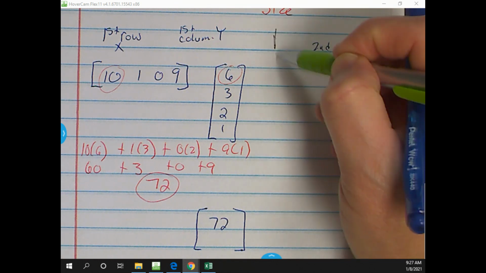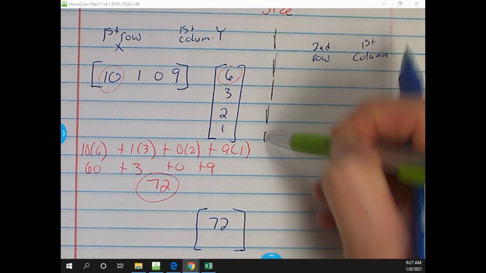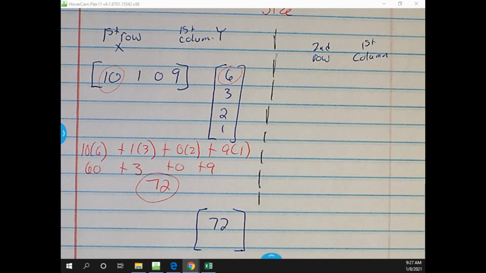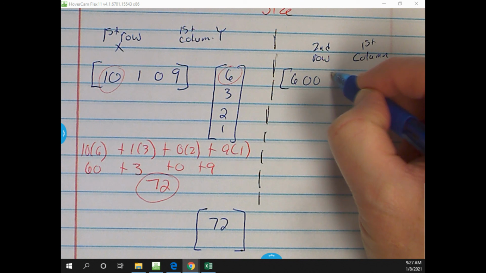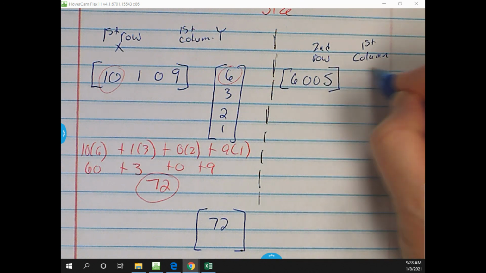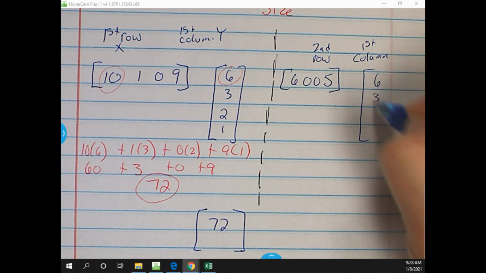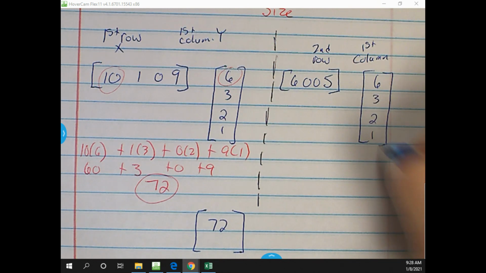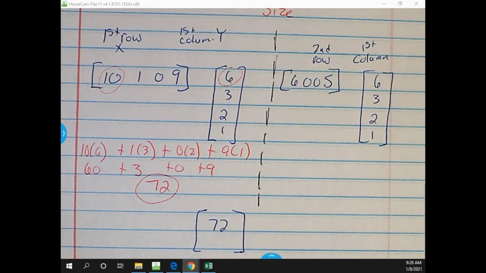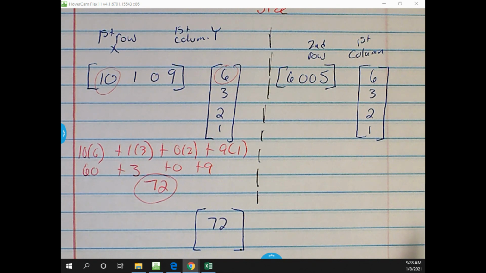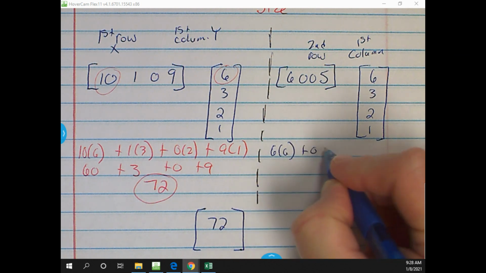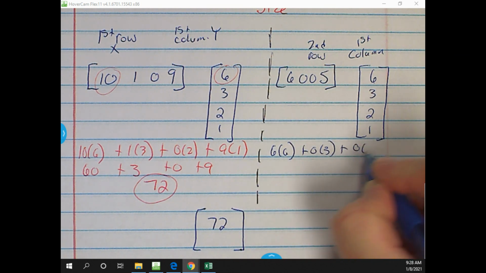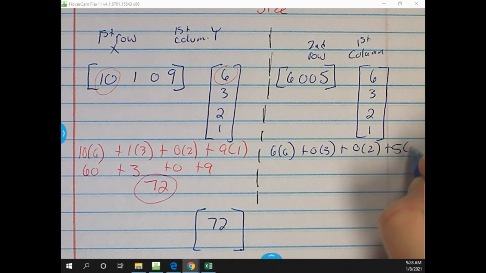Okay, so second row was 6, 0, 0, 5. First column again, 6, 3, 2, 1. The zeros in the middle again make the work a little bit easier because we're doing 6 times 6, 0 times 3, 0 times 2, and 5 times 1.